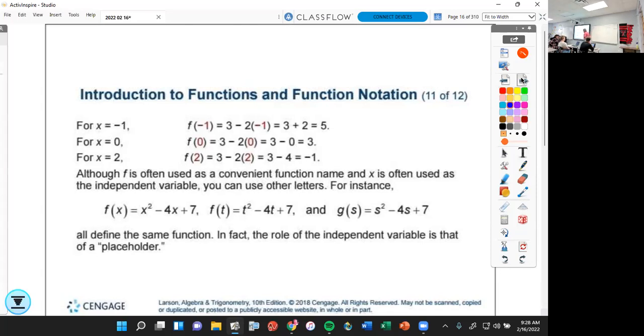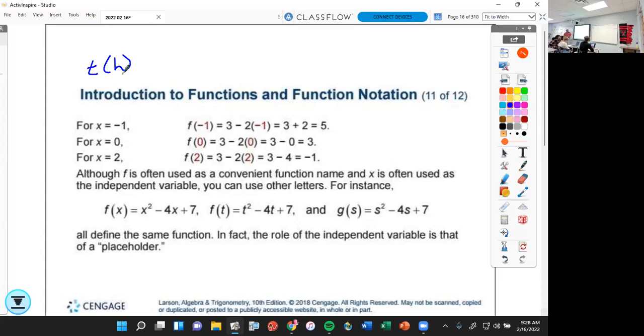If I was going to graph the temperature for a given day, I could say the temperature at a particular hour, so T of h. What does T represent? Temperature. H represents the hour.